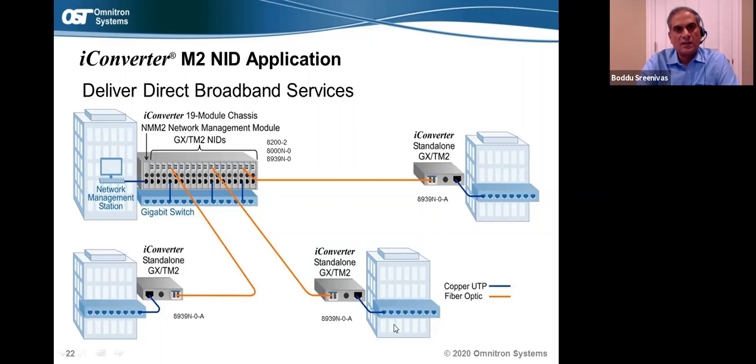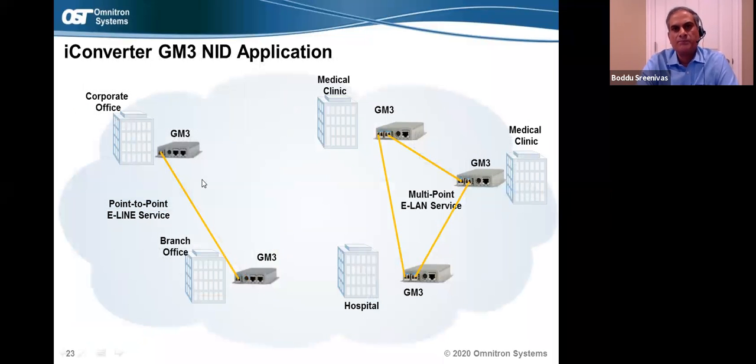This does allow remote management using our NMM2 management module. So at the remote buildings, all we're really doing is providing copper to fiber conversion, but we also have some basic traffic management and performance monitoring type of capability with the M2 NID. So this is a typical distribution network.